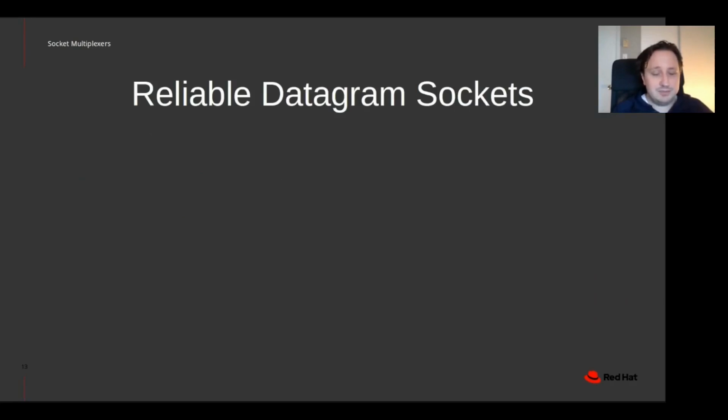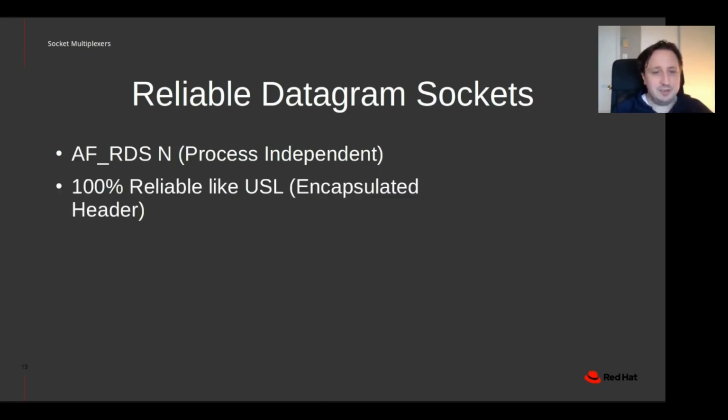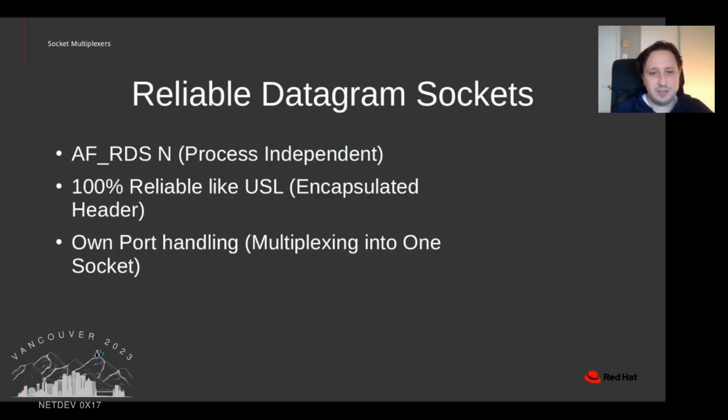Another multiplexer in the kernel which already exists, in my opinion, is RDS. RDS can live in user space, or there can be multiple RDS sockets in user space in different processes, and it's also 100% reliable like USL. It also uses an encapsulated header.